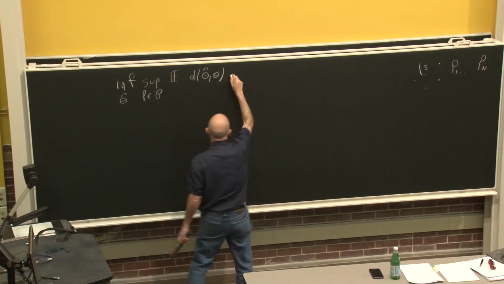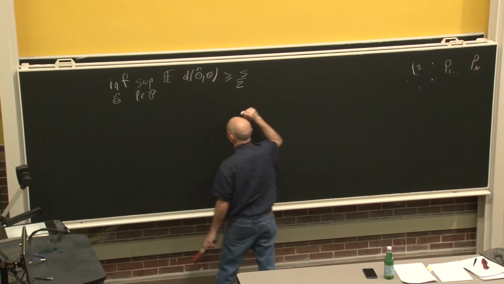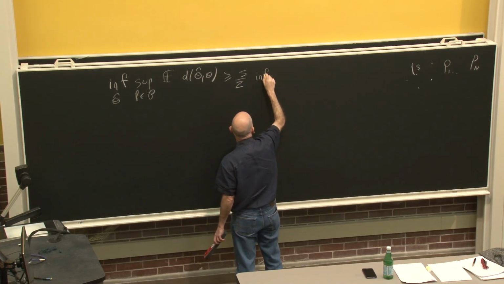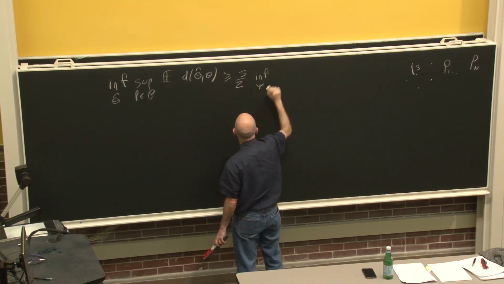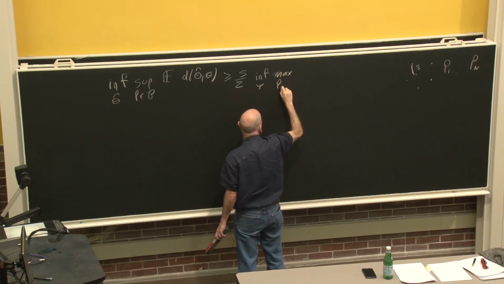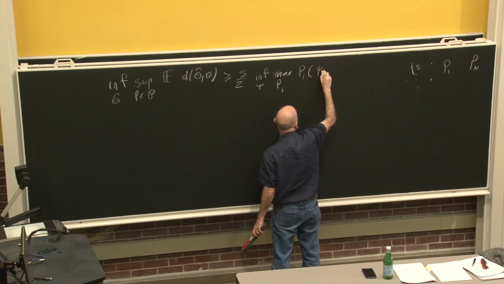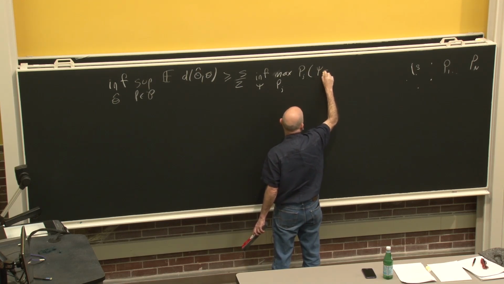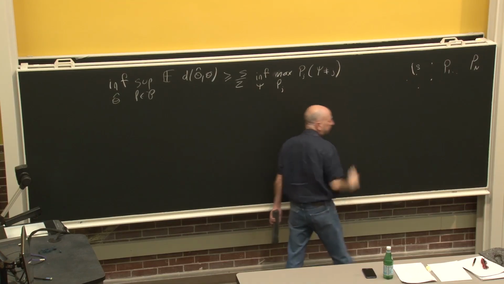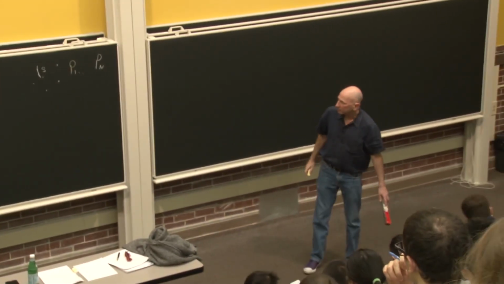And then we saw that that's bigger than or equal to s over 2 times the inf over all psi of the maximum of Pj times the probability that psi is not equal to j. That was our fundamental lower bound.